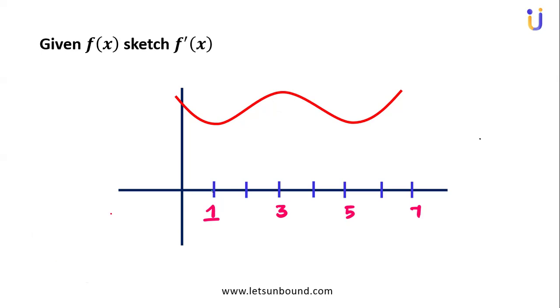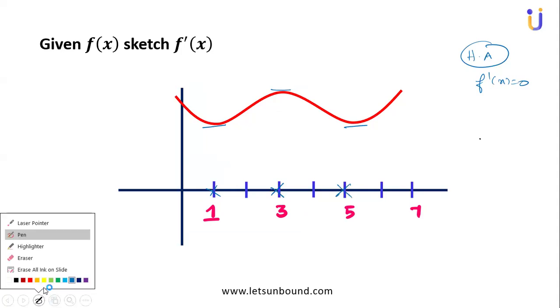F of x is given, and look for horizontal tangents. If f of x has a horizontal tangent, then at those points f dash will cross 0. Horizontal tangents mean f dash of x equals 0. So at 1, you need to cross. At 3, you need to cross. At 5 also, you need to cross.